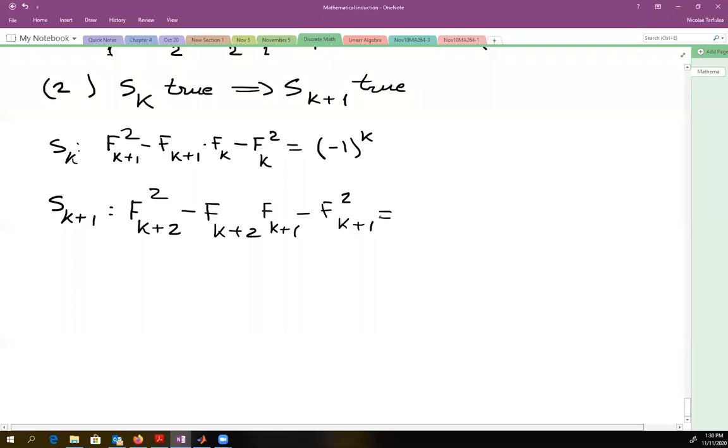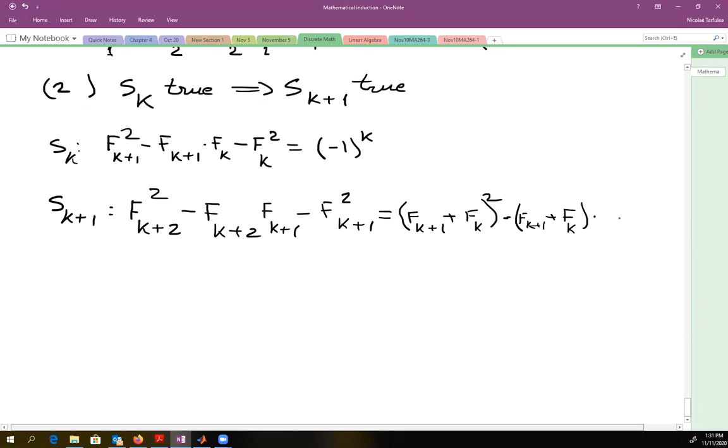Now we said we use brute force. We know that F_{k+2}, this is the definition of the Fibonacci sequence, is F_{k+1} plus F_k. And F_{k+2} again is F_{k+1} plus F_k, multiplied by F_{k+1}.